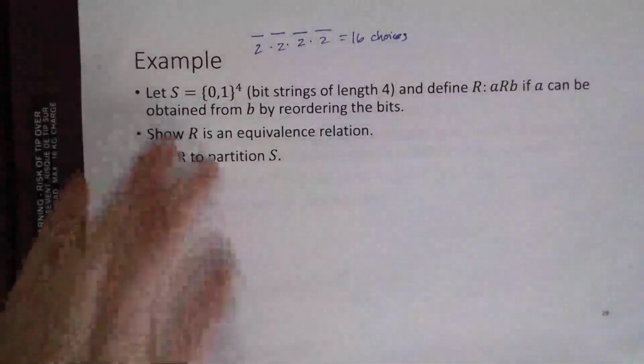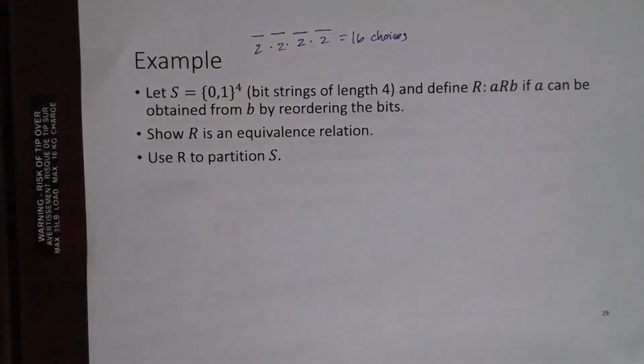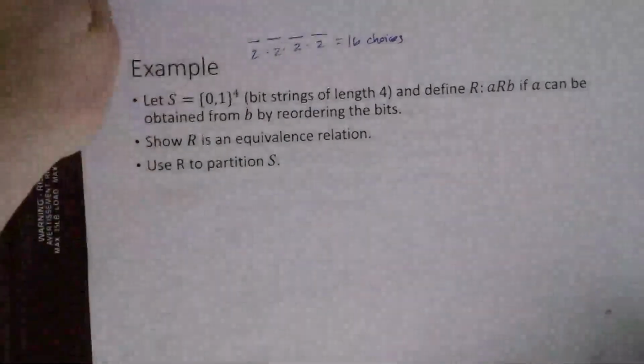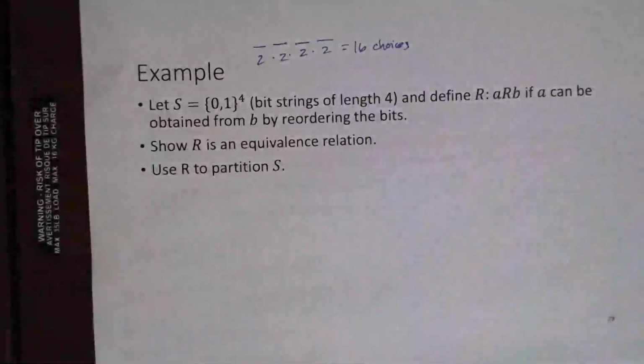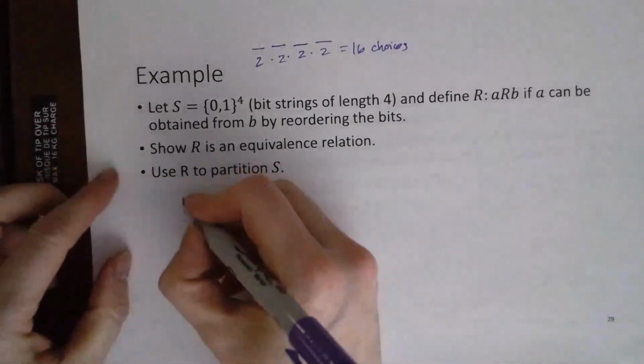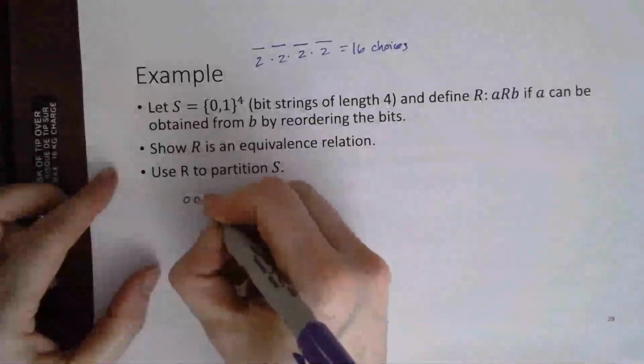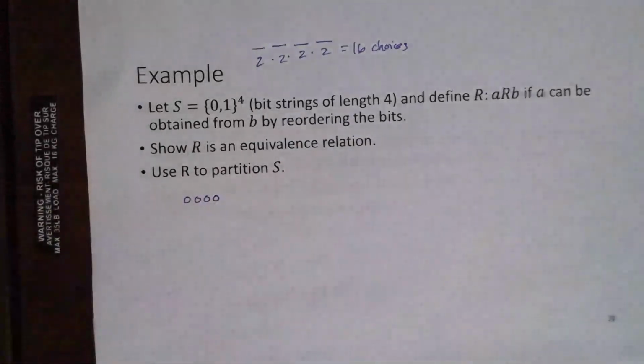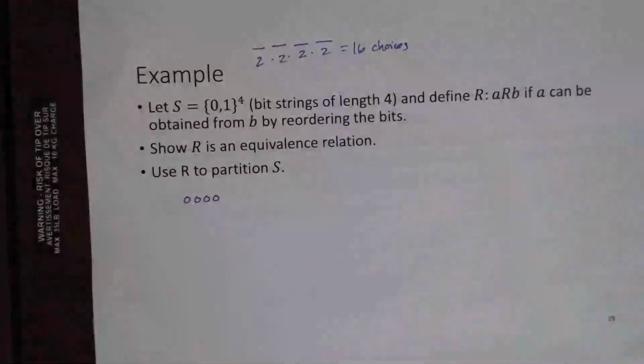Okay, so I don't want to write them all out, but I should be able to come up with a representative bit string. Let's just pick the first one. No matter how I reorder it, I can get something. So let's think about the bit string 0, 0, 0, 0. No matter how I reorder that, I'm going to get 0, 0, 0, 0.